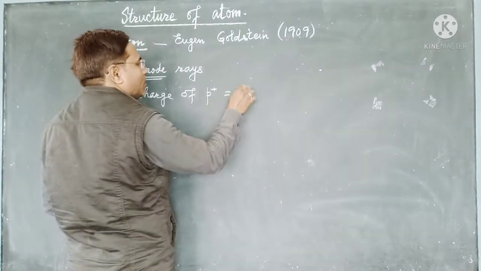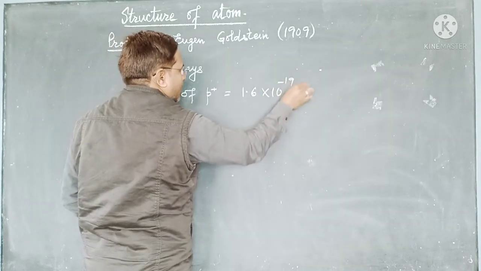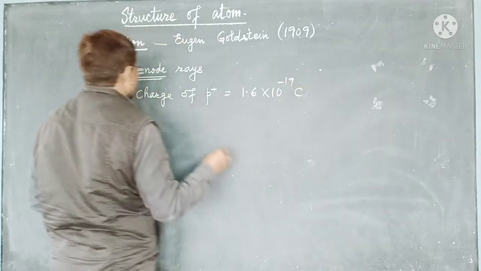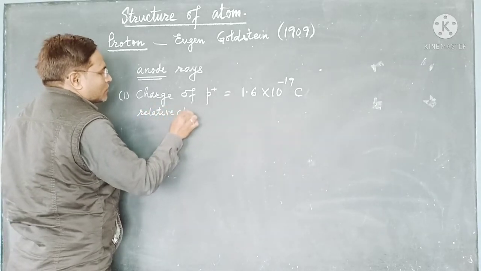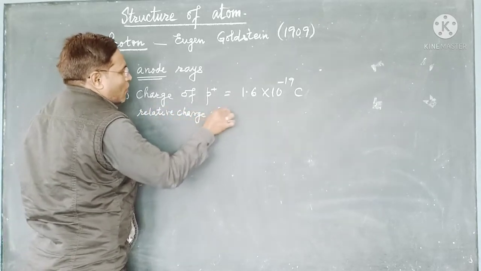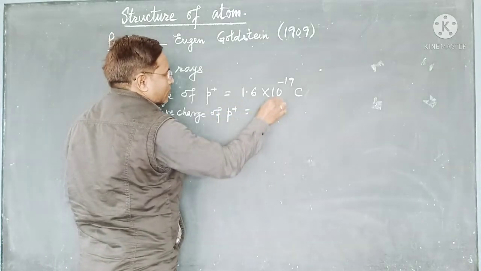is taken to be plus 1.6 into 10 to the power minus 19 coulomb. If we take the relative charge of proton, then we will write plus 1.